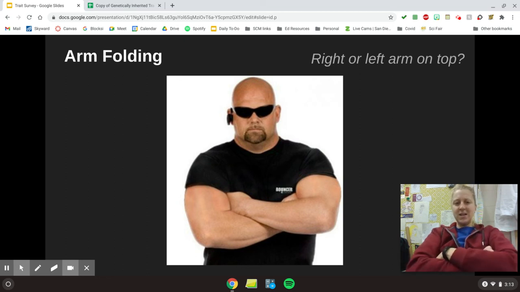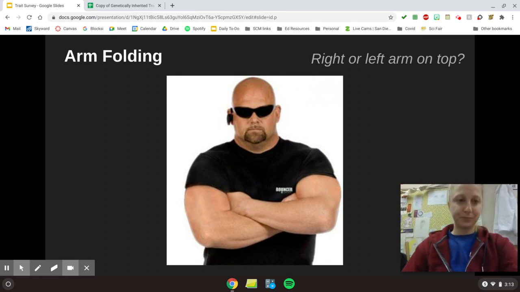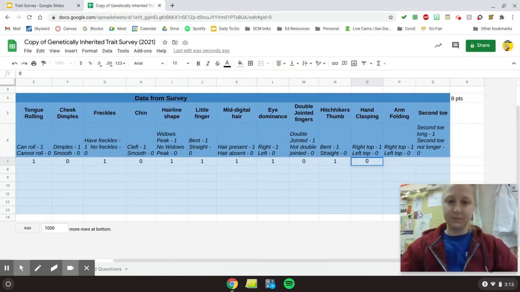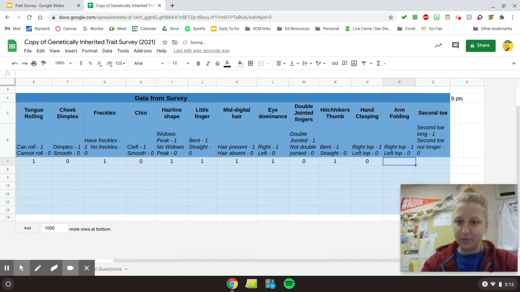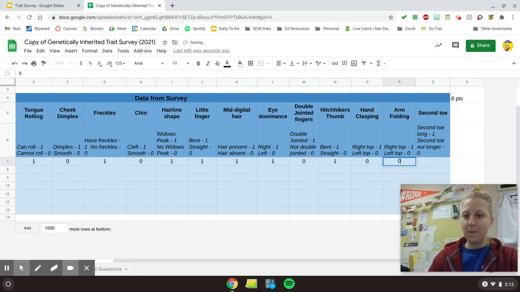So left arm always ends up on top, similar to the hand clasping. If someone can't even fold their arms anymore, shake your arms out, fold them, and go with wherever it lands. For me, left arm is still on top. So arm folding, left on top, I'm a 0.